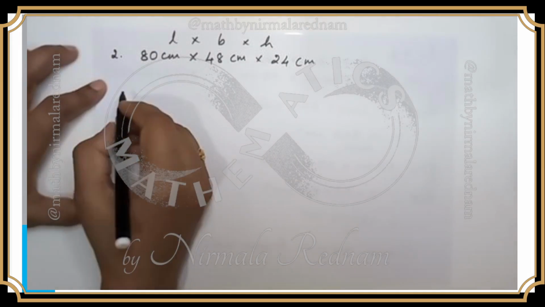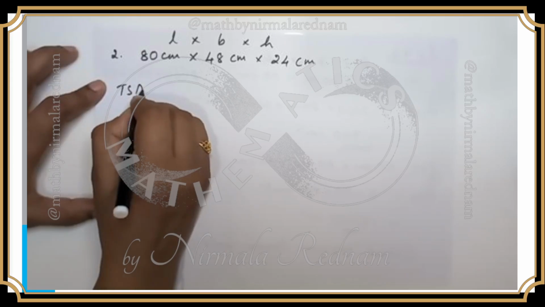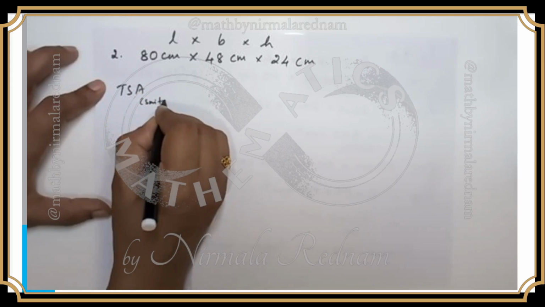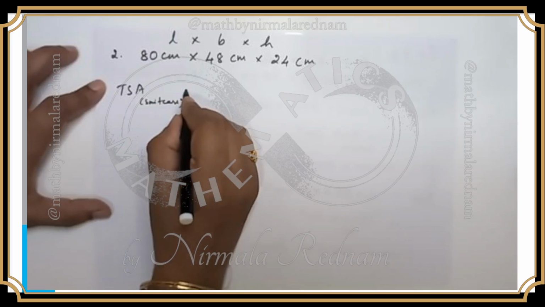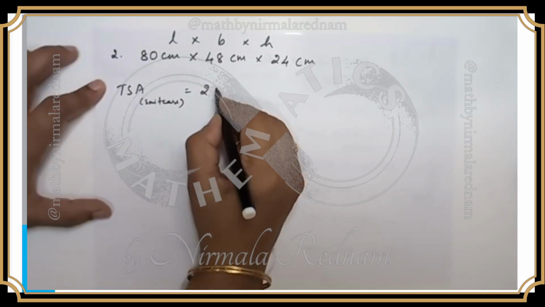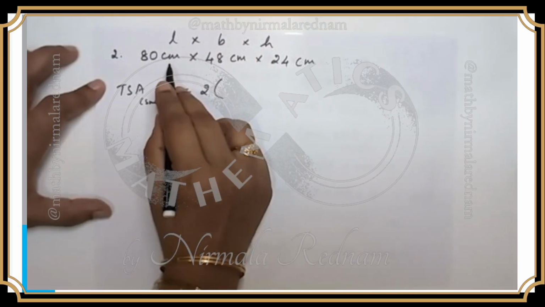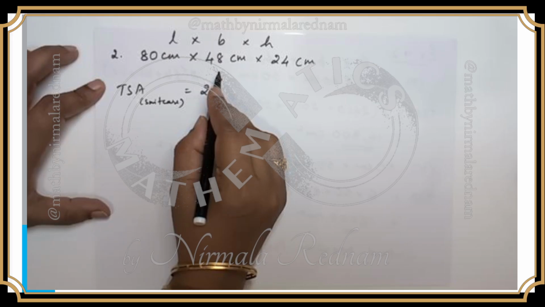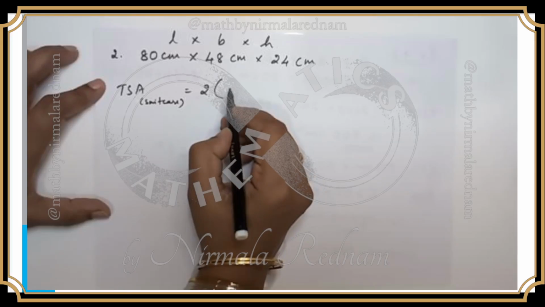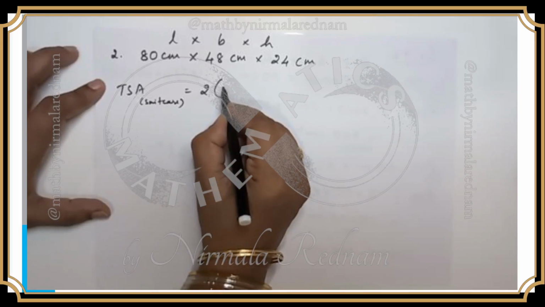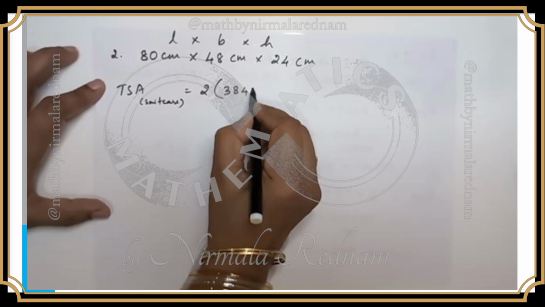So first of all, I need the total surface area for one suitcase. I'm considering one suitcase, right? So I have twice of LB plus BH plus HL. So 48 into 80 is going to give me 3840. You can calculate and check.